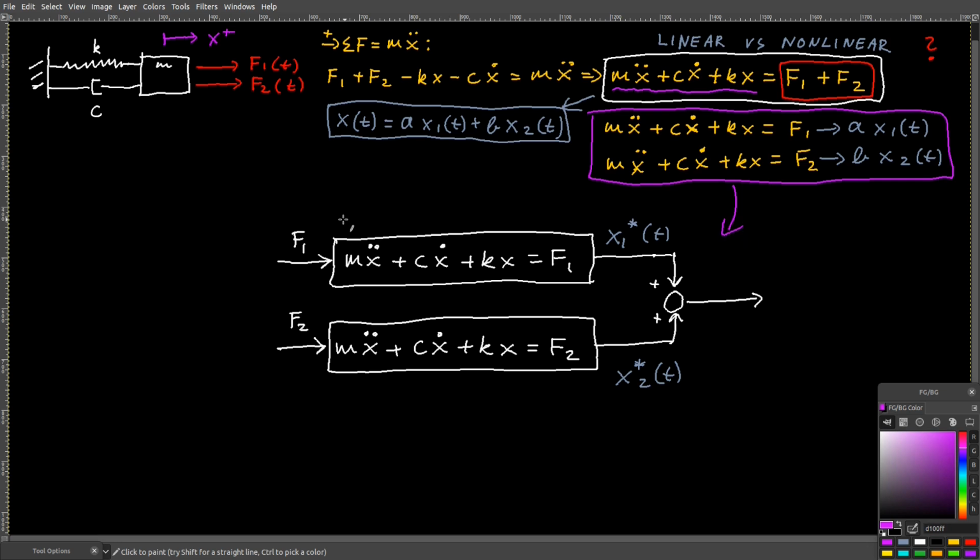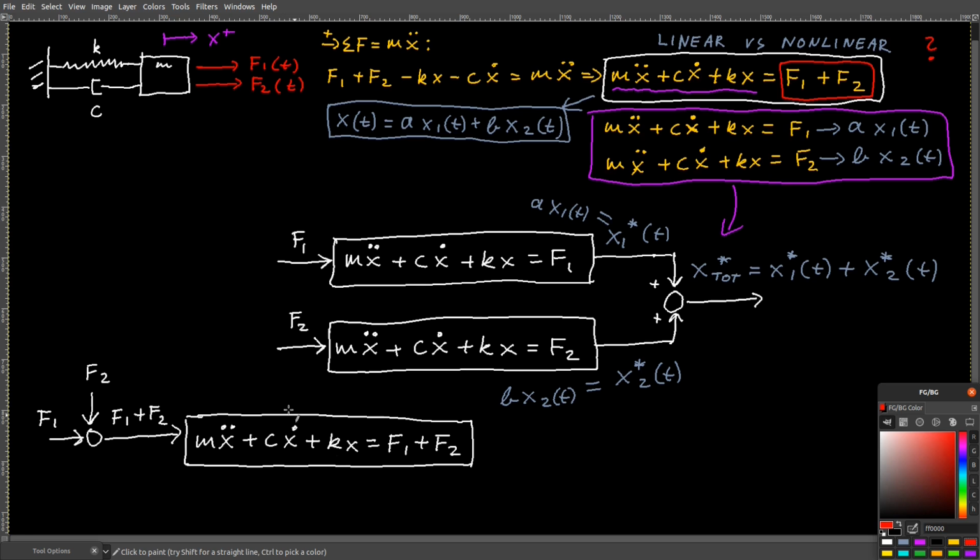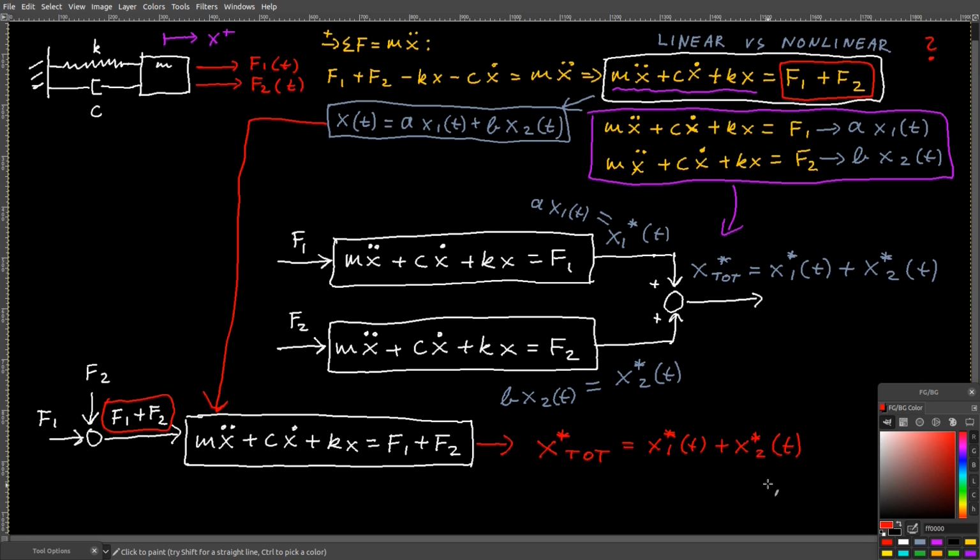I'm applying two separate input forces to my system individually. I get the individual solutions, which are these ones here. So this one, it would be this one, and this one, it would be this one, and then I add them up, and then this case here, it would be this case where I first add up the input forces, and then I apply their sum to the ODE, and then I get some solution.